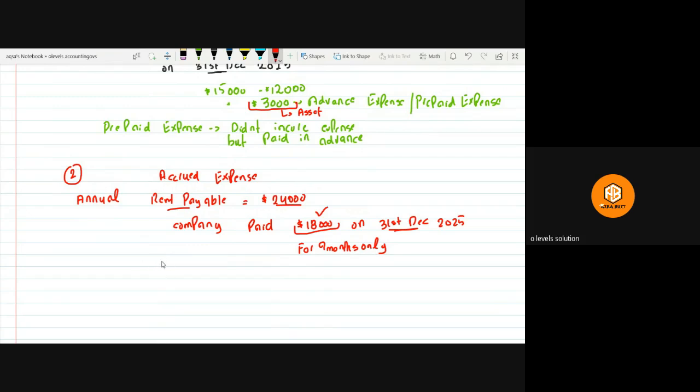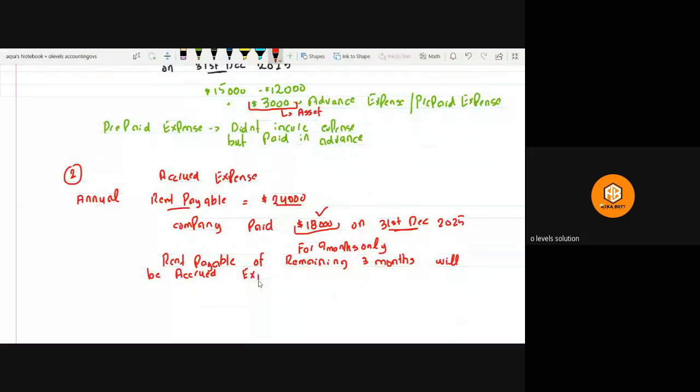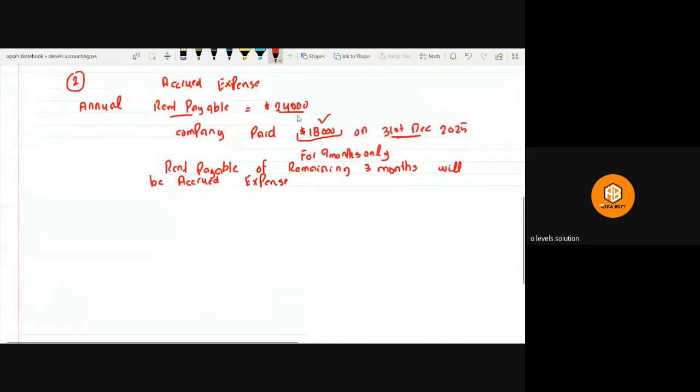So rent payable of the remaining 3 months means that you have received the service because you have used the factory, but you haven't paid yet.